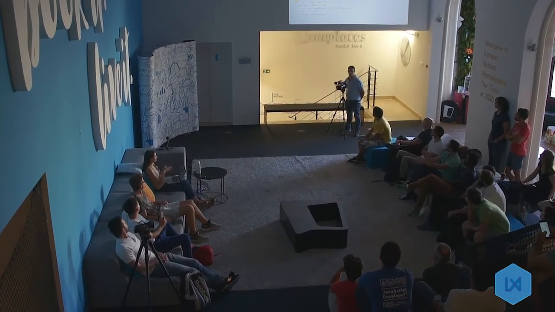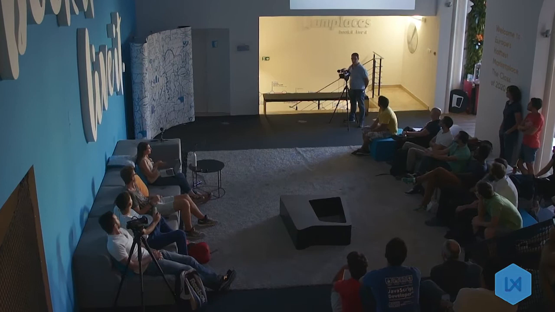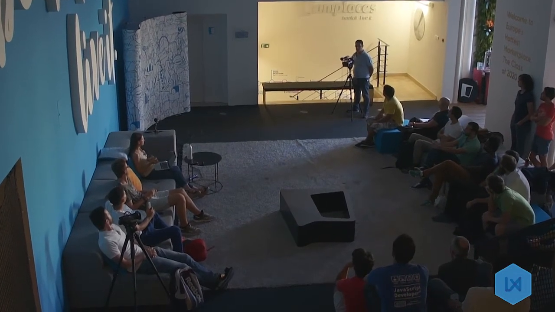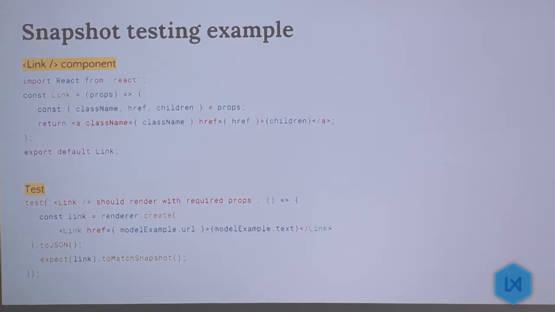Our test case is that the link should render with the required props. Then we tell Jest to render the component with a given URL and text that we mocked. We convert it into a JSON, and then we just have to expect our rendered component to match the snapshot.